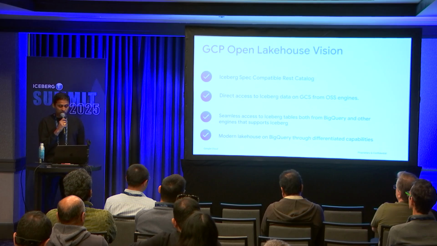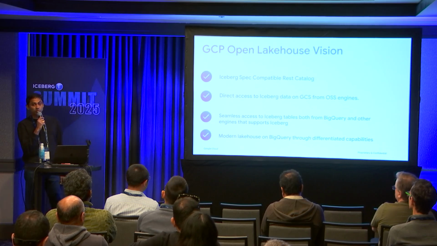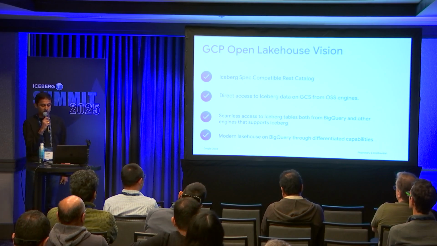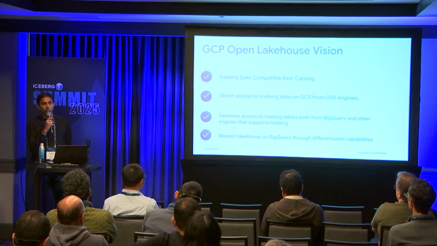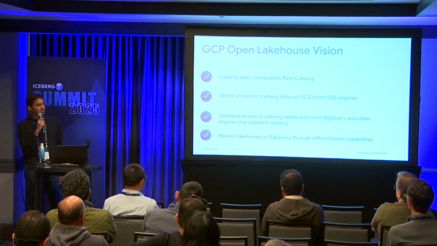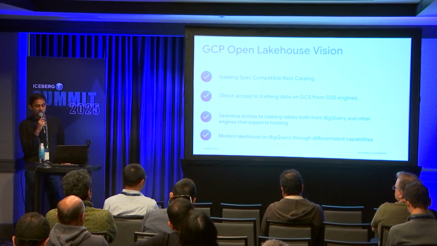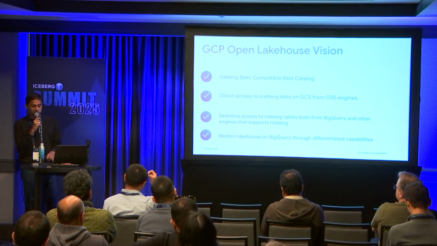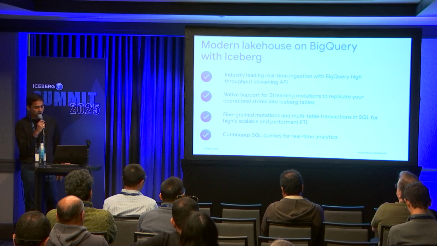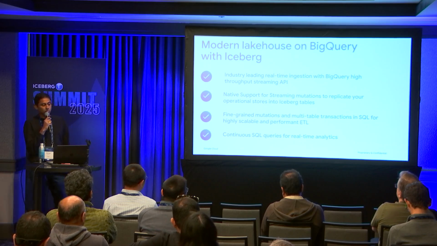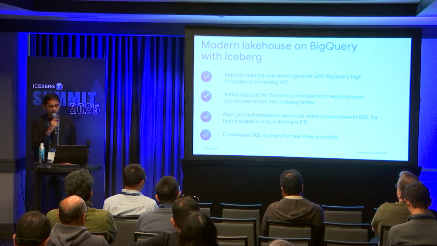We want to allow seamless access to Iceberg, both for read and write, and querying from multiple engines. In addition to that, we want to bring some modern Lakehouse capabilities on BigQuery for your Iceberg tables through the differentiated infrastructure that Google has.